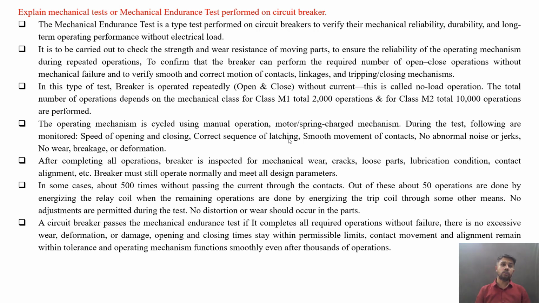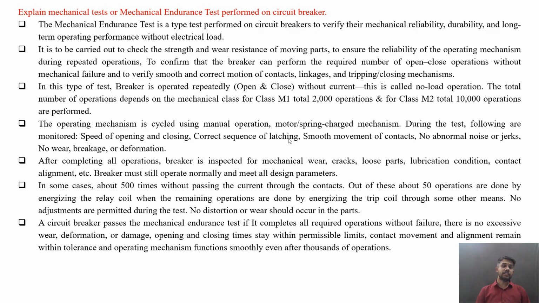It is carried out to check the strength and wear resistance of the moving parts, to ensure the reliability of the operating mechanism during repeated operations, to confirm that the breaker can perform the required number of opening and closing operations without mechanical failure, and to verify smooth and correct motion of the contacts, linkages, and tripping or closing mechanisms.